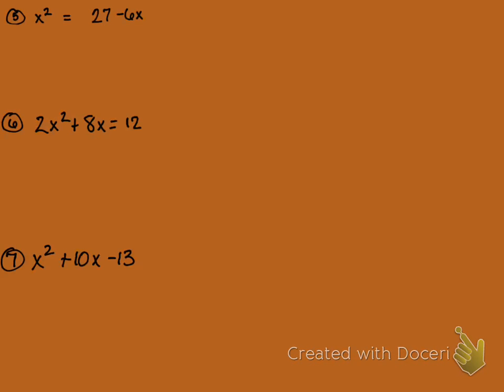Now let's look at another example. In these other examples, what we're going to end up having to do is try to put all these pieces together: all these ideas of solving that we've done all the way through, and we're going to try to use the completing the square process to do that.